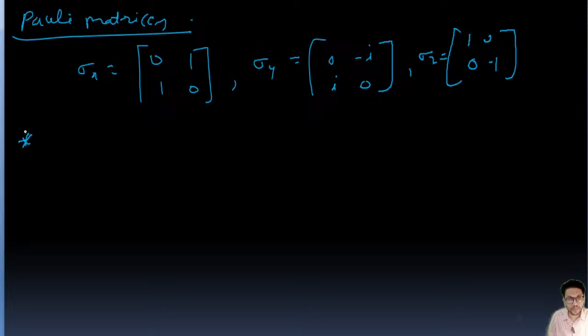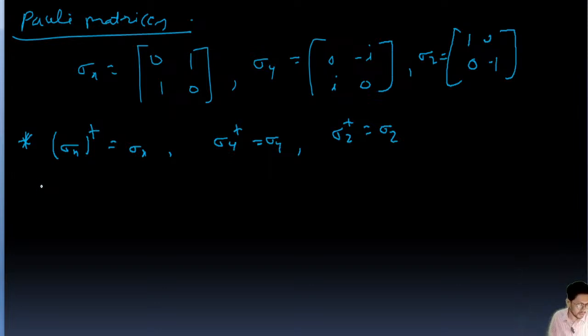And there are some properties of Pauli matrices. Sigma x dagger is sigma x, similarly sigma y dagger is sigma y, and sigma z dagger is sigma z. Their determinant is -1, guys.